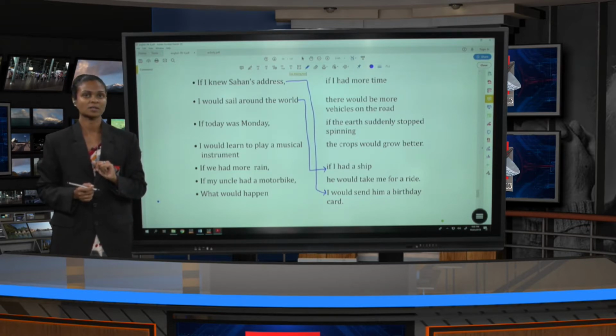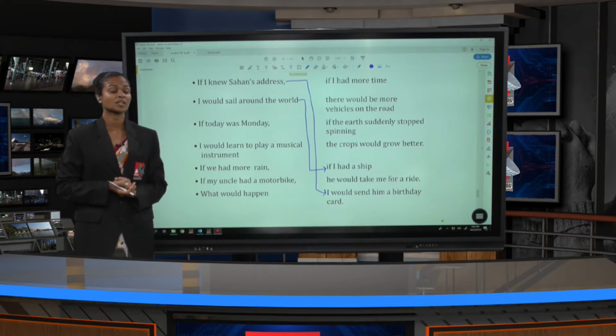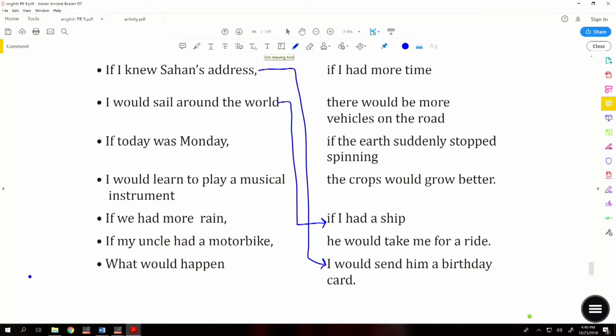Then next one. If today was Monday. If today was Monday, what will happen? There would be more vehicles on the road.